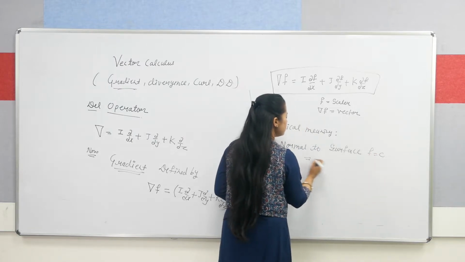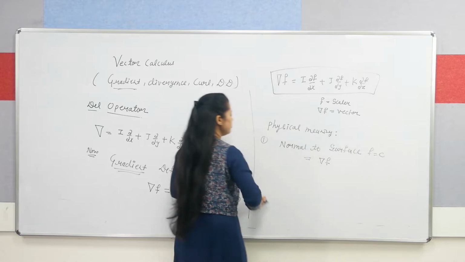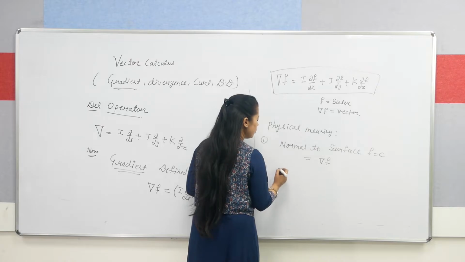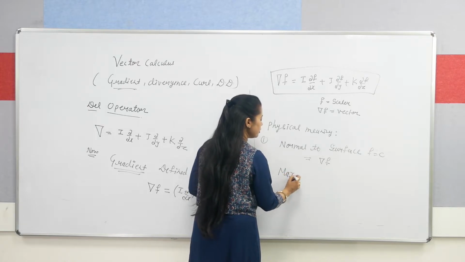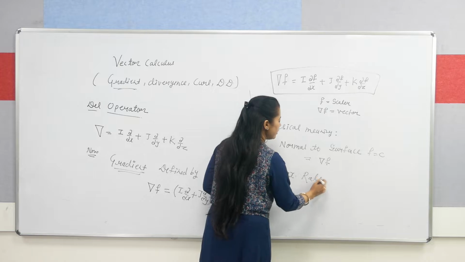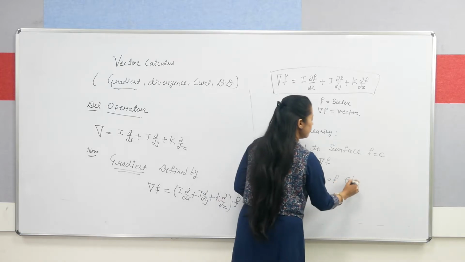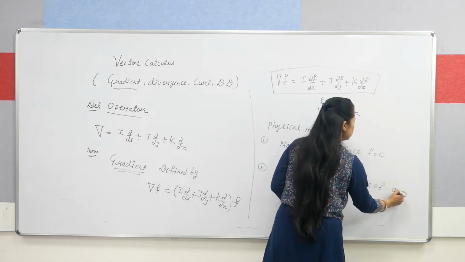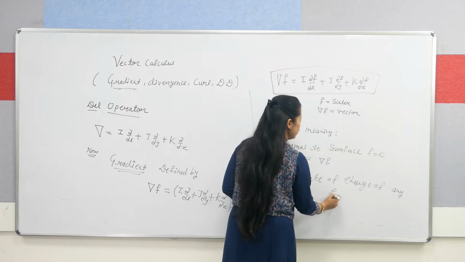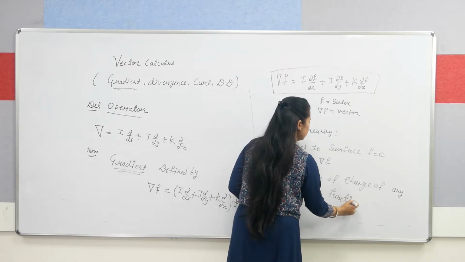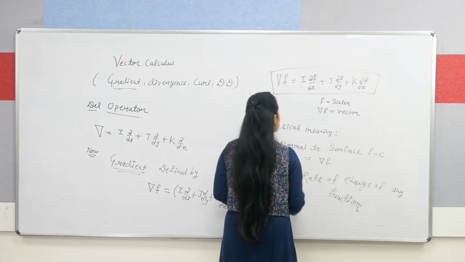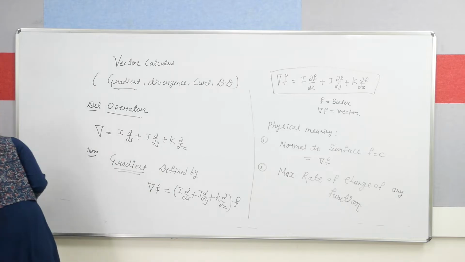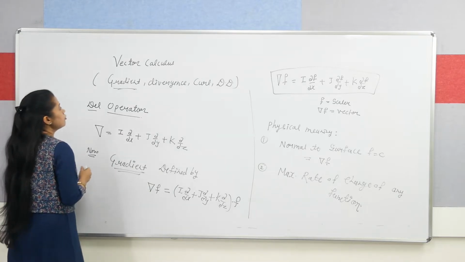Second, it is also equal to the maximum rate of change of any function. Alright, so this is gradient. Later we will solve some examples of how to find gradient.